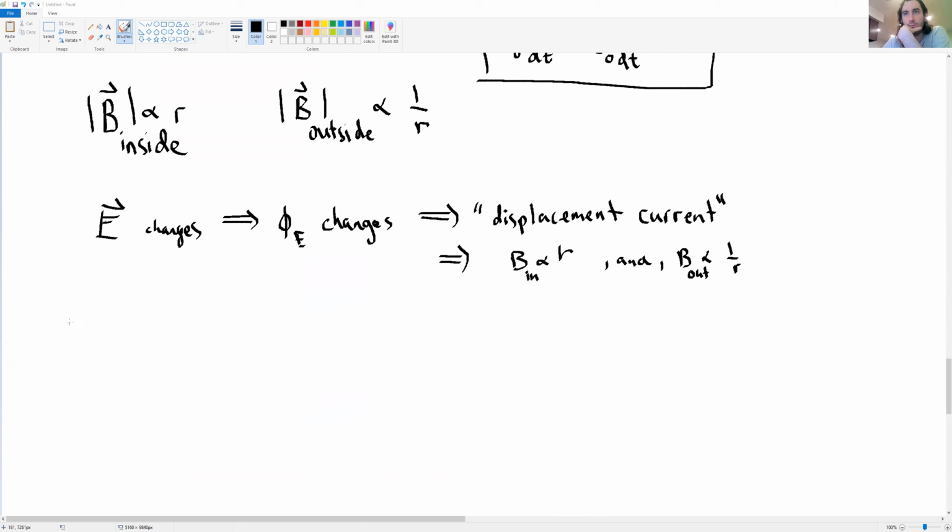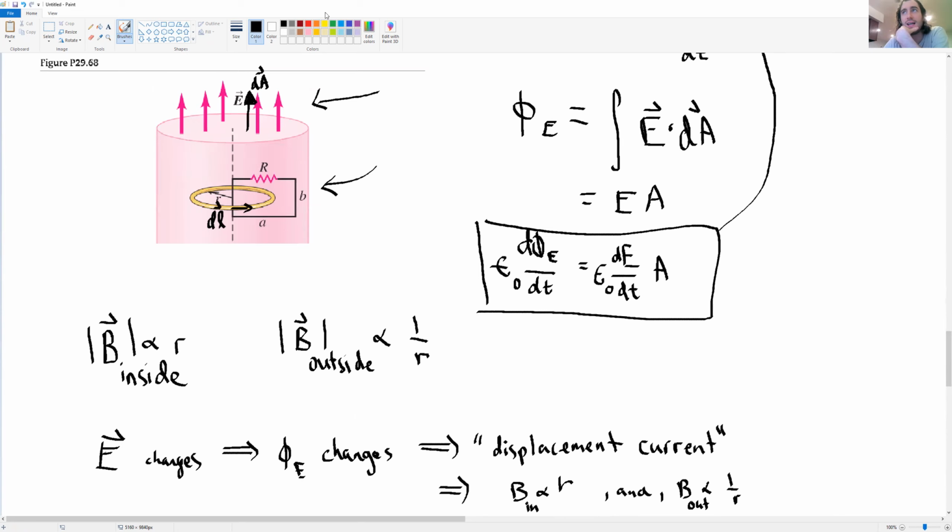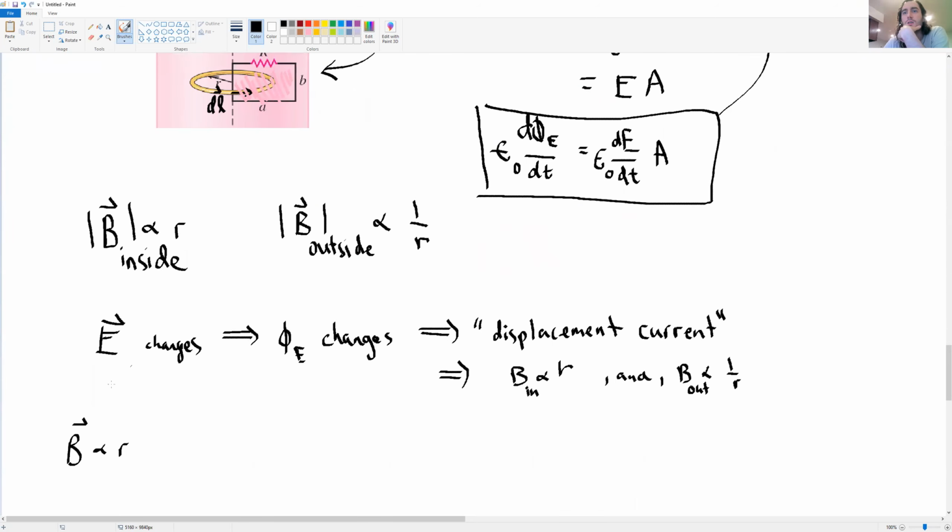Well, we know that B is proportional to R inside the cylinder, and we're definitely inside the cylinder here. I'll use pink since the cylinder is already pink. Inside this loop right here, we're inside the cylinder, so the magnetic field is going to be proportional to R. So if the magnetic field is proportional to R there, what is the magnetic flux?